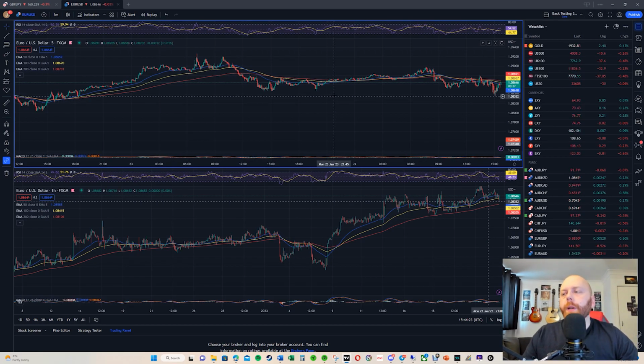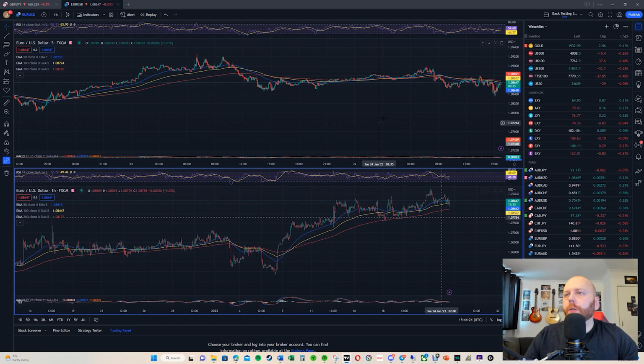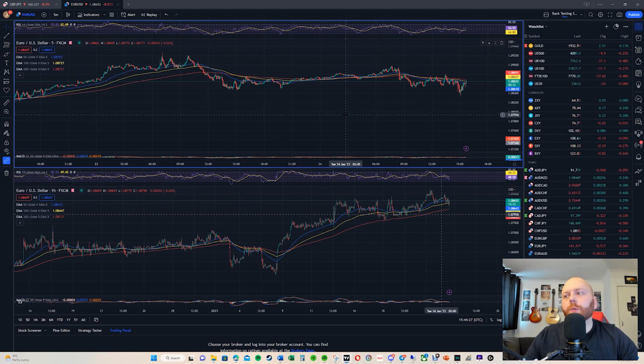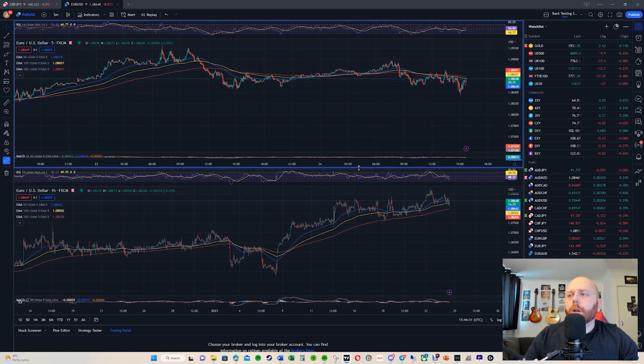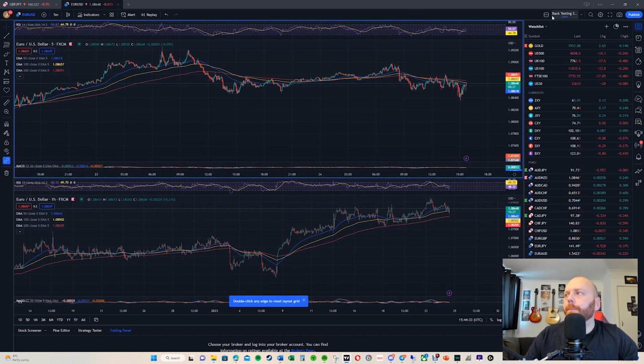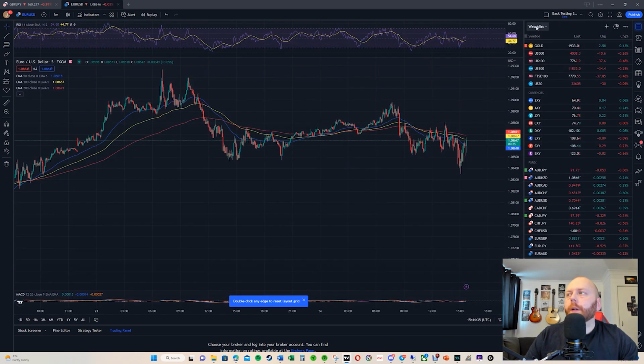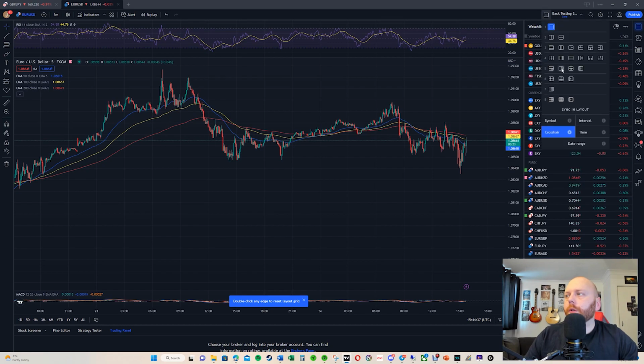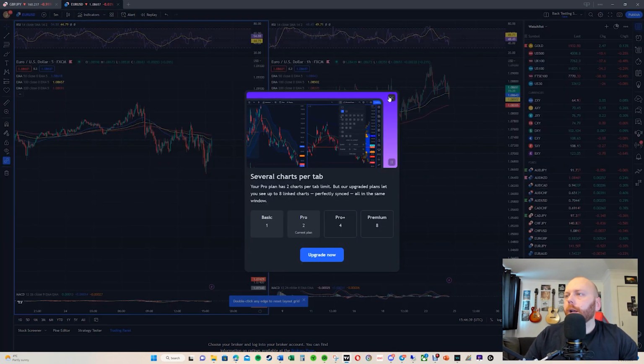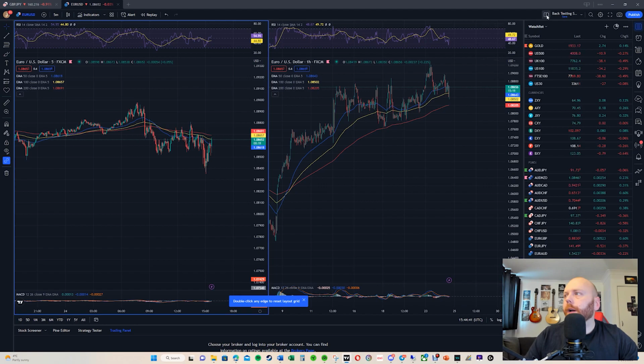I personally hardly use this, unless I'm doing something else and just want to watch a couple of charts without analysing them, because it clogs up the screen and it's hard to see them. But it is an option if you want it. Depending on the resolution of your monitor, you can have several charts added on there.